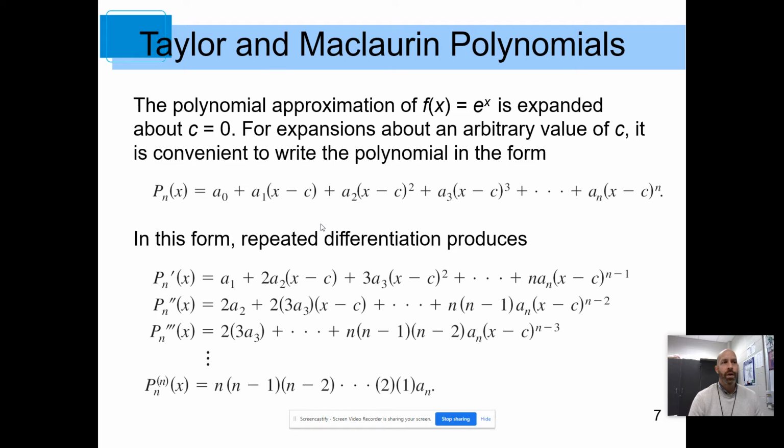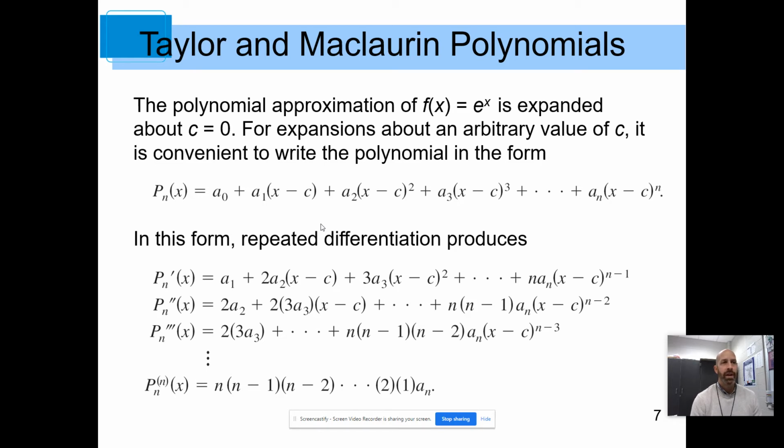In this form, in the repeated differentiation process, the first derivative of our approximating polynomial is going to be a sub 1 plus 2 times a sub 2 quantity x minus c plus 3 a sub 3 quantity x minus c squared, etc. If we do the second derivative, we will get the following. Now 2 a sub 2 is the leading term.